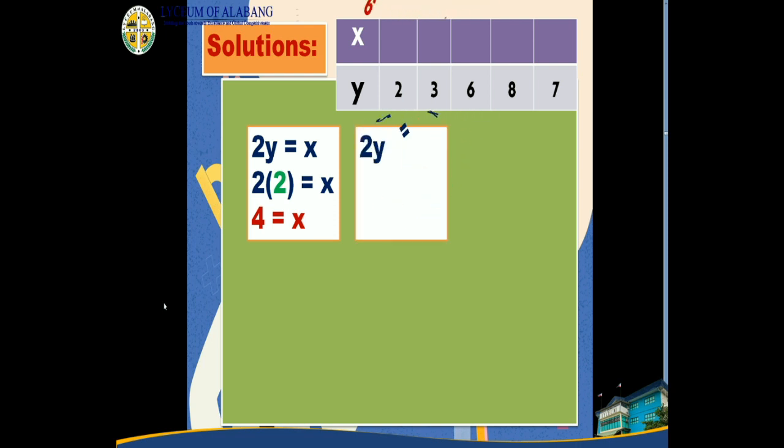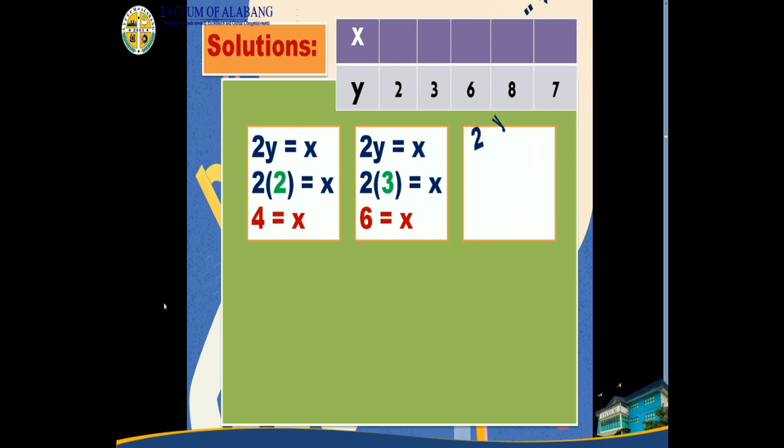And for the second value of y, which is 3, we have 2y is equal to x. 2 times 3 is equal to x. Therefore, x is equal to 6. And for the third value of y, which is 6, 2 times 6 is equal to x. Therefore, x is equal to 12.